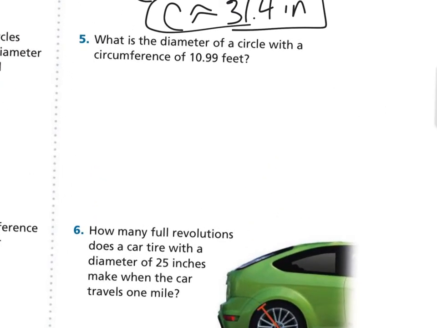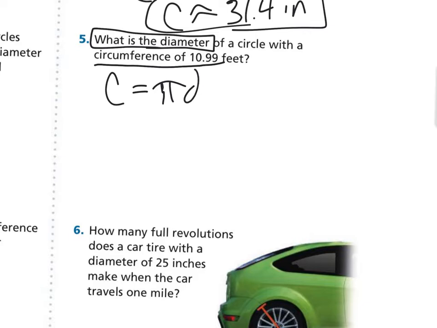Number 5, they're wanting us to find the diameter of a circle with a circumference of 10 and 99/100 feet. So again, we have two options for our formula on your reference sheet. This time we can use the one that involves diameter since we're trying to find diameter. So we could do C equals pi times d. And this time, which piece of information did they tell us? Circumference.